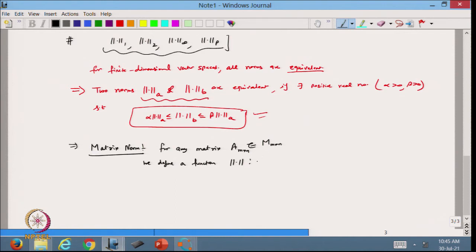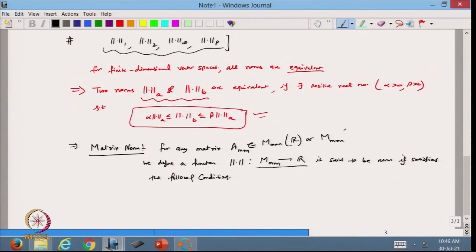So we are defining a function over the vector space of m cross n matrices to the positive real numbers, or the real numbers R. A function is said to be a norm if it satisfies the following conditions.